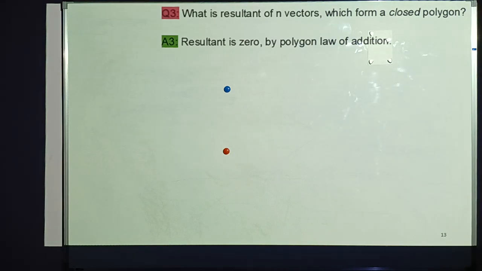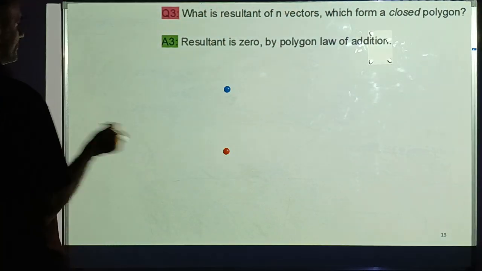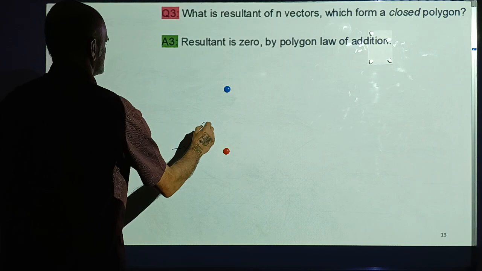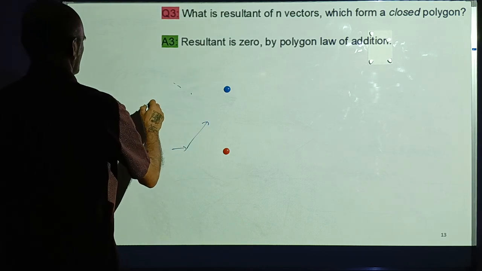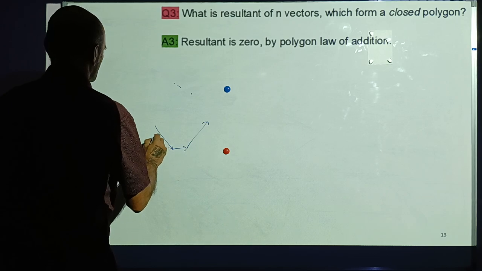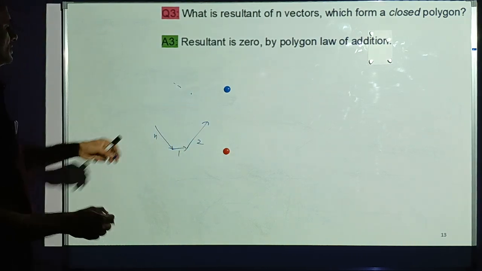What is the sum of n vectors which form a closed polygon? So the n vectors may be: first vector, second vector, and so on. When I draw the nth vector, it closes the polygon. First vector, second vector, third, so on, nth vector.